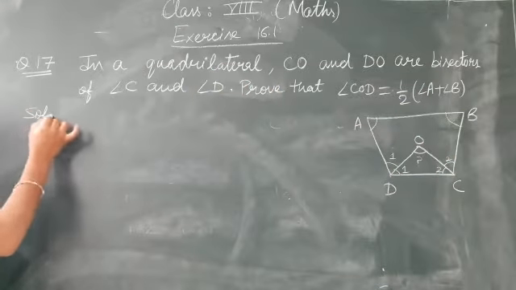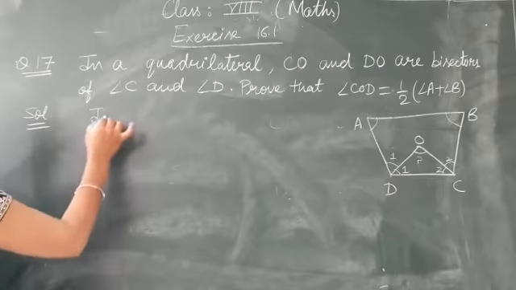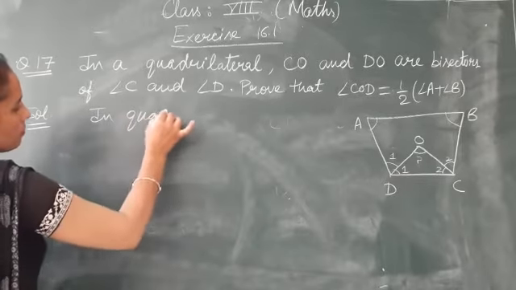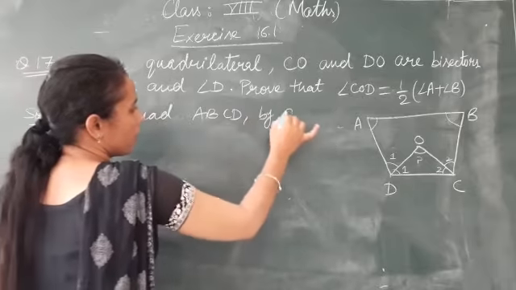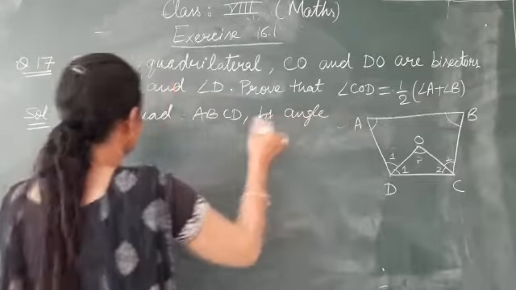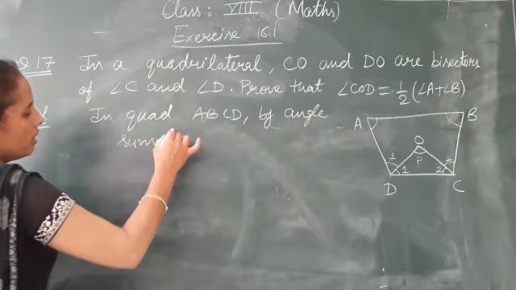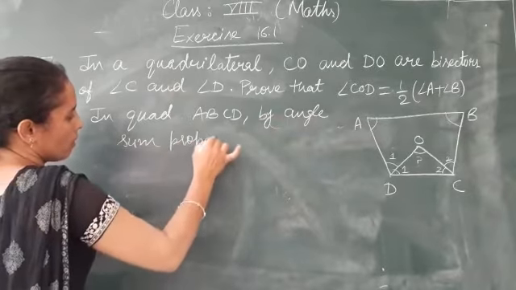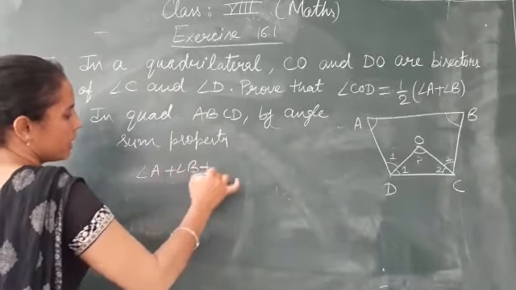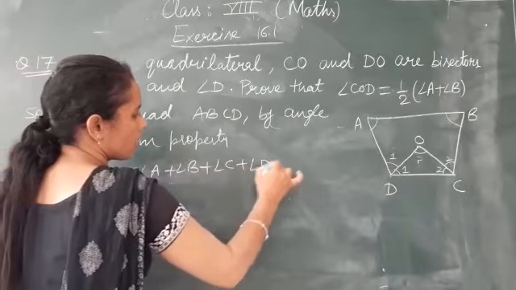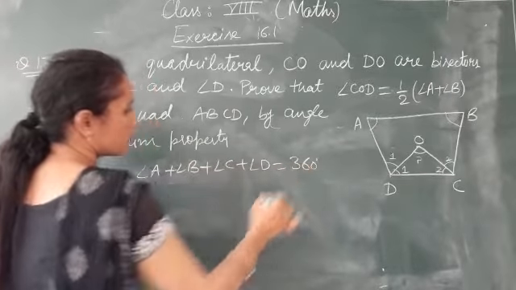See, in quadrilateral ABCD, by angle sum property, we know that the sum of four angles of a quadrilateral is 360 degrees.